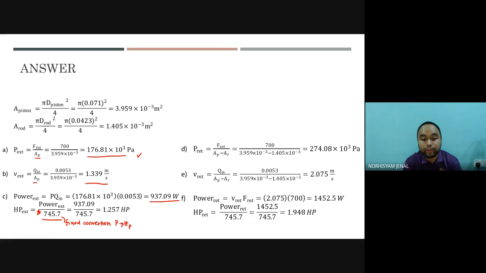Alright, so 1.257 horsepower. Okay, so this is also how, for example, your car sometimes provides you with the rated horsepower. It comes from the power that is produced by the engine to your axle, divided by 745.7. Then you have the idea of horsepower. Okay, any problem for extension?